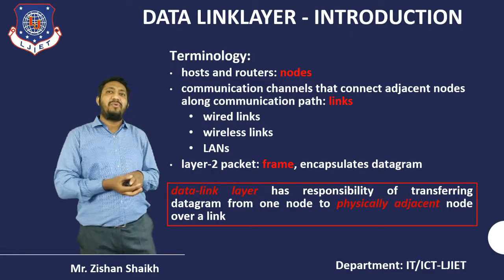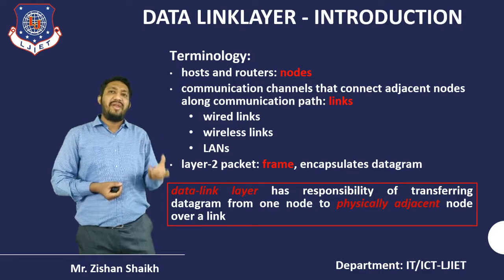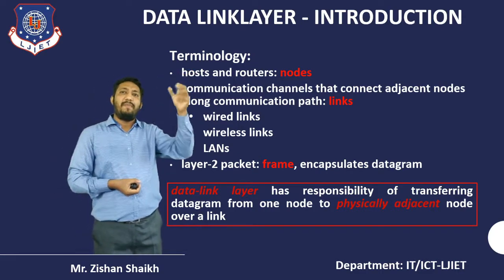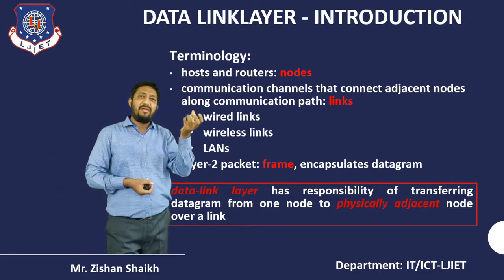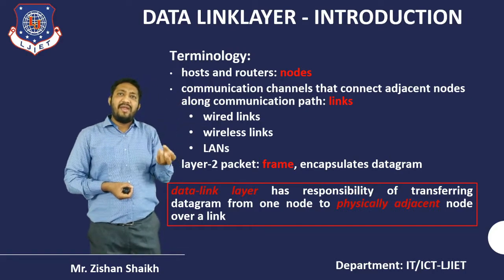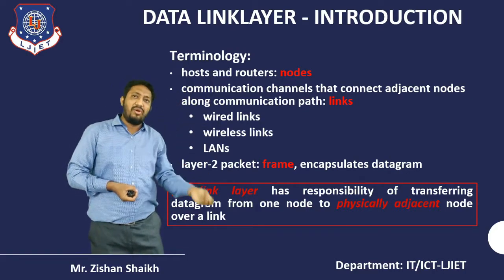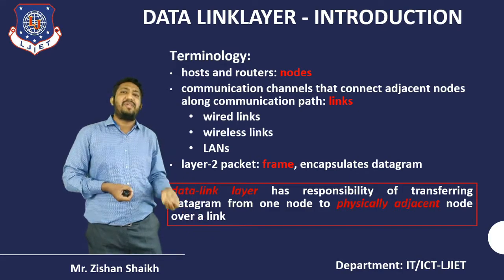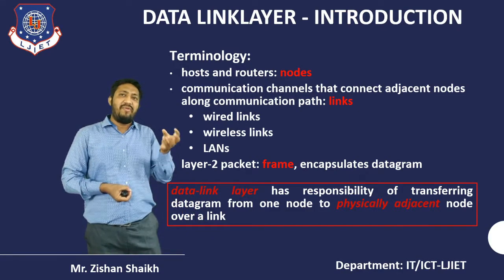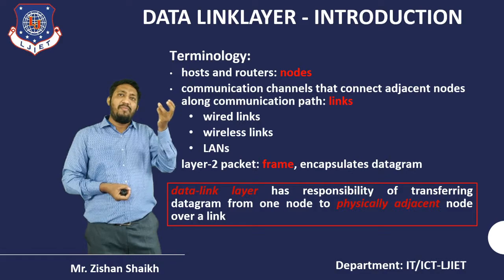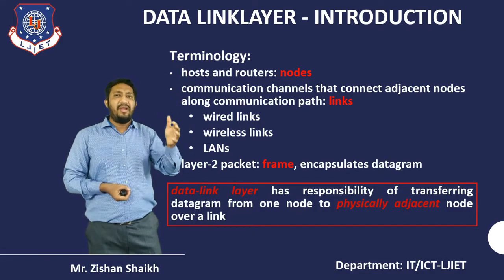The main role of our data link layer is to take data from the upper layer, that is, our network layer, process it, and send it to the lower level, that is, our physical layer. The data link layer processes the data in the form of packets sent by the network layer.